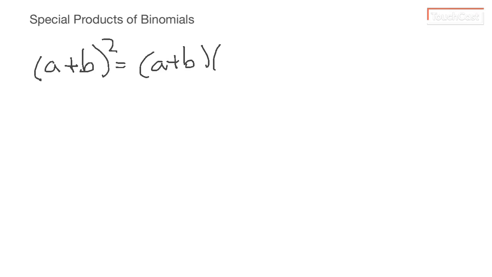If we were to take, say, a plus b and square it, we can rewrite that as a plus b times a plus b. And to FOIL this, we would go a times a, the firsts. A times a is a squared.